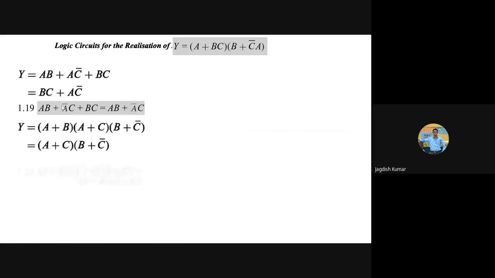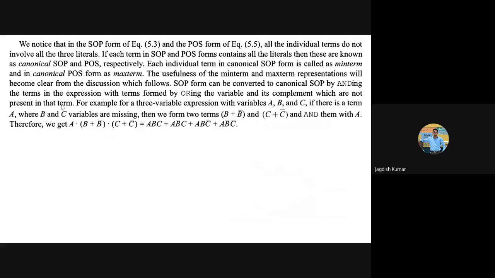What he is saying is that these two forms are not in canonical form. Why? Because, as we discussed yesterday, each term in these doesn't contain all the literals. I hope you know now what literals are.